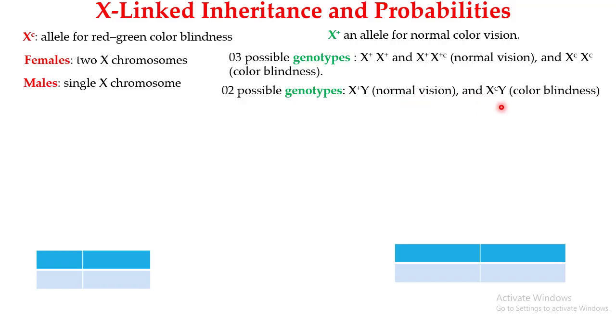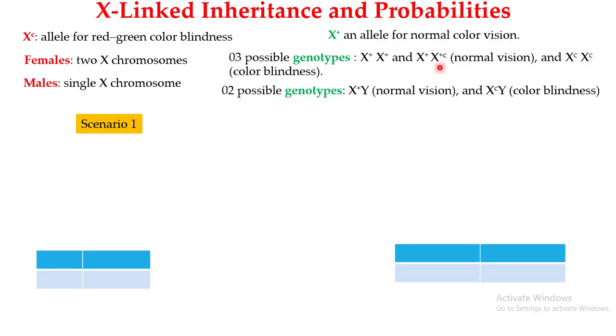But if the X chromosome in the male carries the diseased allele, that male is going to be colorblind. So you can simply say there is no concept of a carrier for males when you talk about X-linked recessive inheritance.